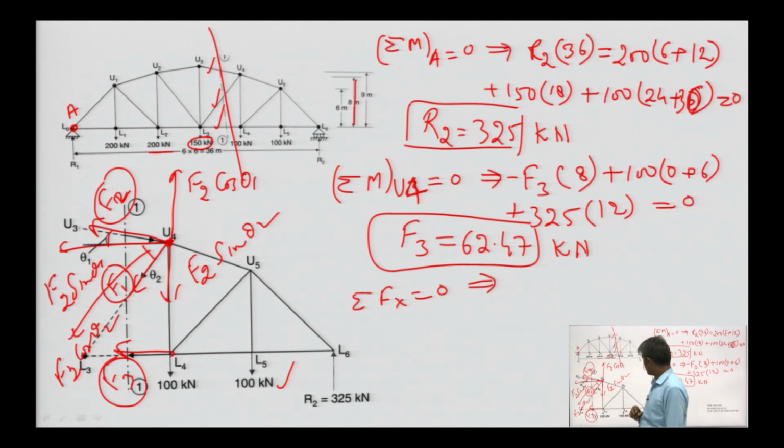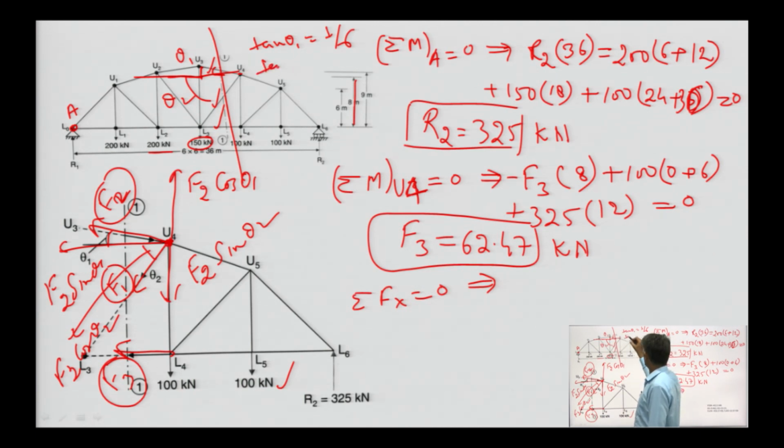Theta 1 and theta 2 can be easily calculated. This length is known to us, it is 1, so apply tan theta 1 equal to 1 by 6, the distance. Theta 1 value can be easily calculated, and similarly theta 2 can also be easily calculated.